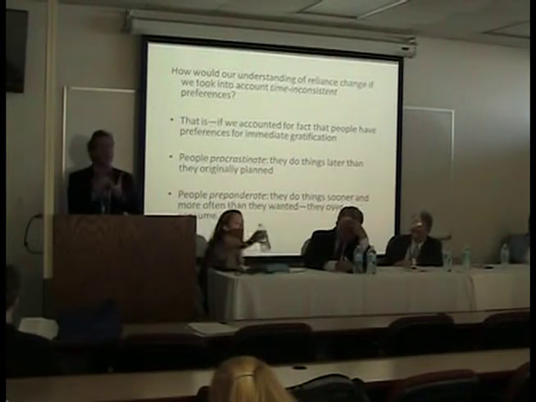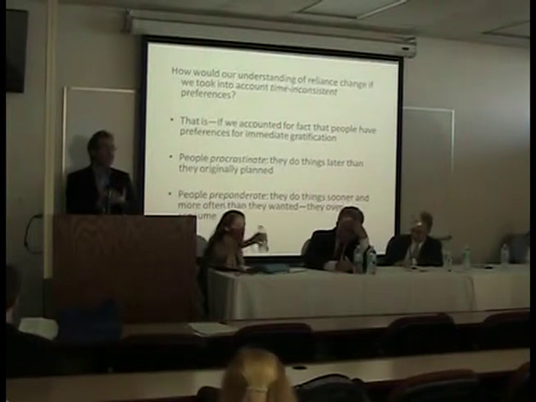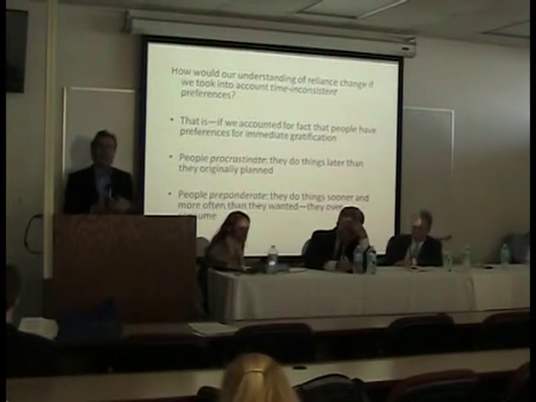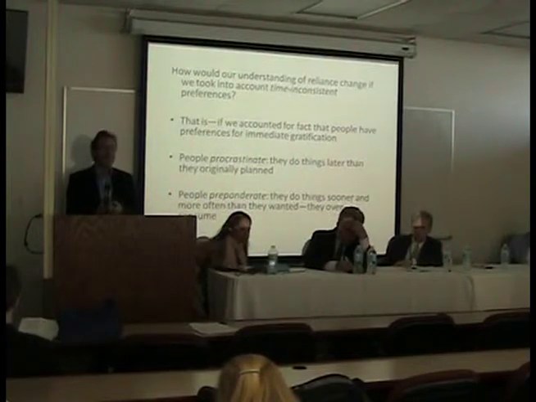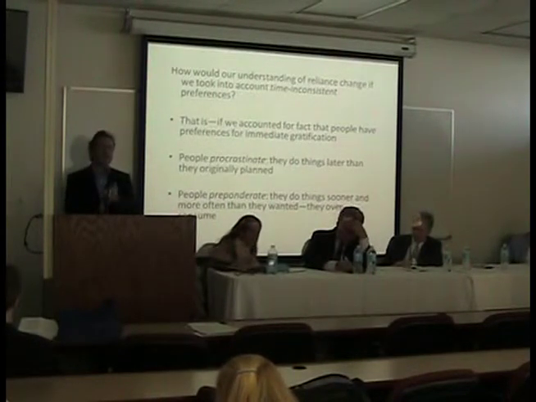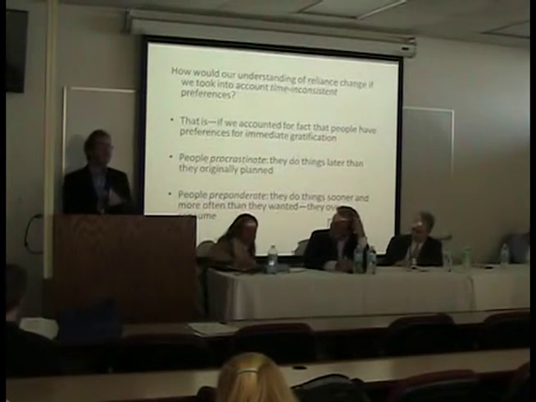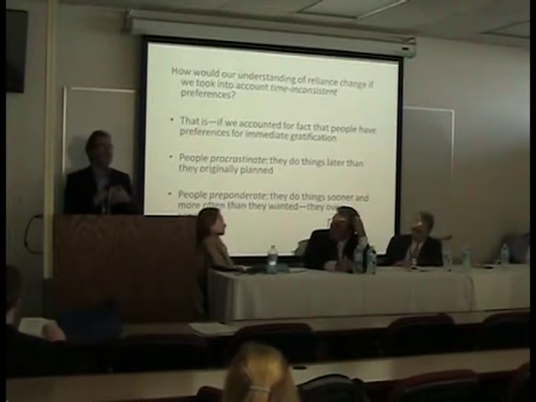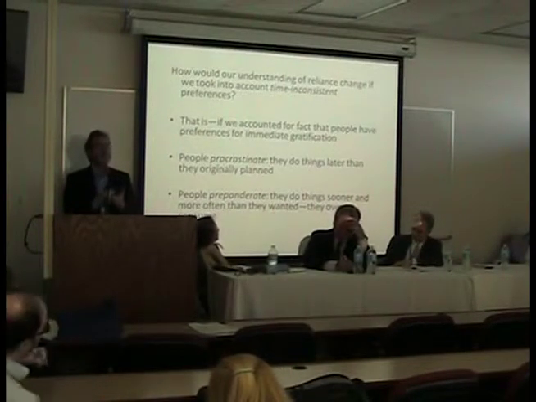But when tomorrow arrives, they give greater weight to immediate gratification, and they may reverse their original decision. On the other hand, somebody may overconsume if today you have a preference not to consume tomorrow.